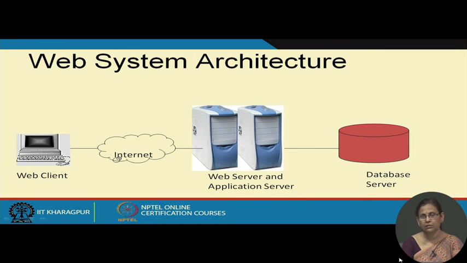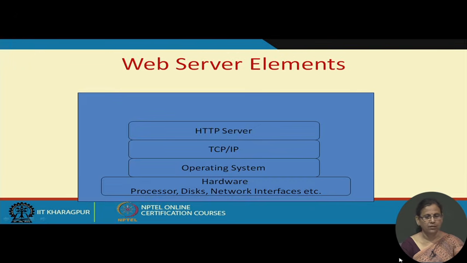In case your business is a small business, all of them can exist in one server, but they are logically separate server software. So, whether they are physically separate or not, a web-based system has to have three important elements: the web server, the application server, and the database server.